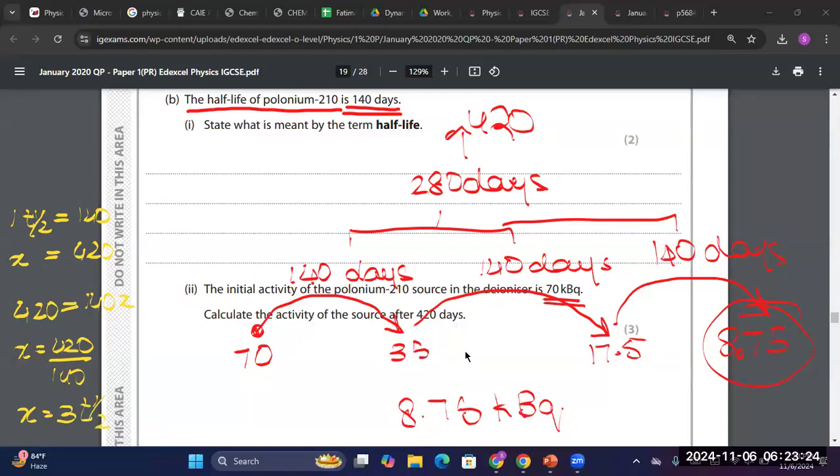Okay. 420 days is going to have 3 half lives. 420 days are equal to 3 half lives. So you know that you have to divide the value 3 times.